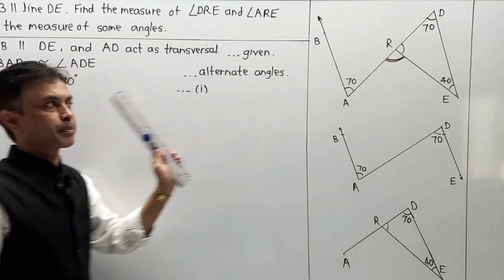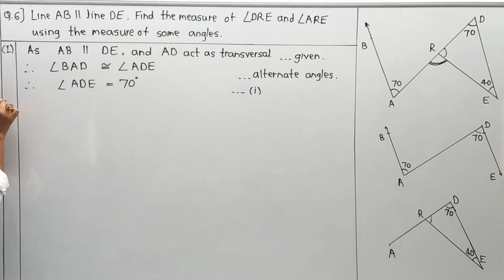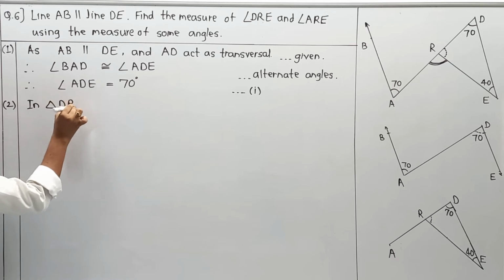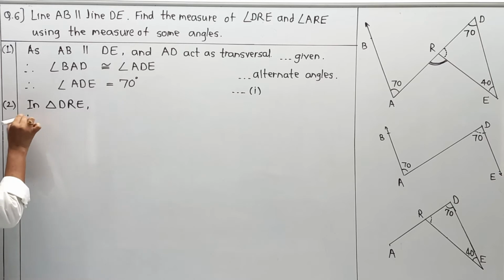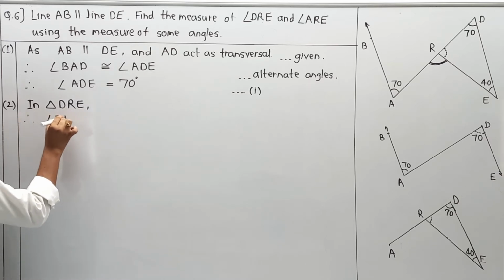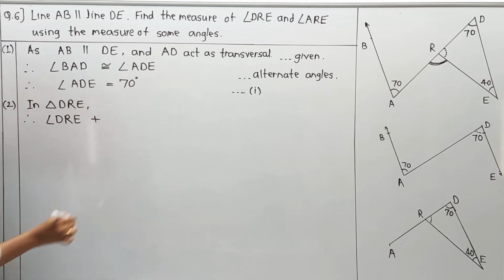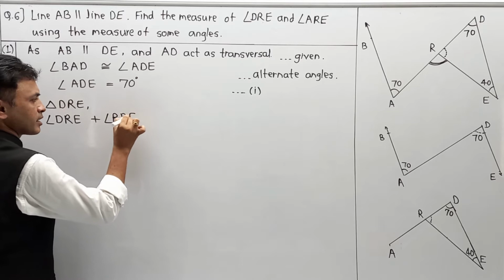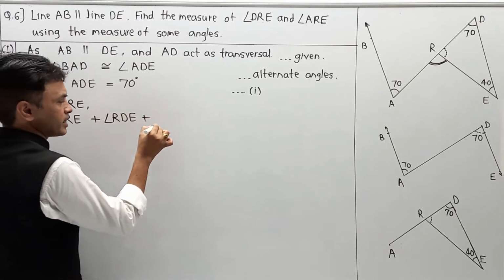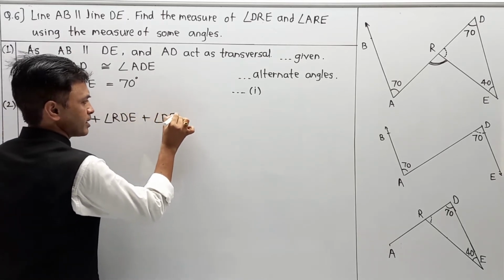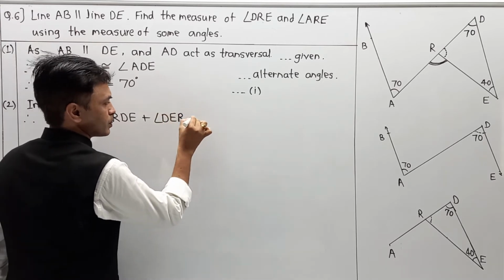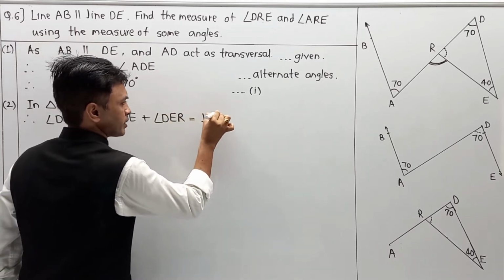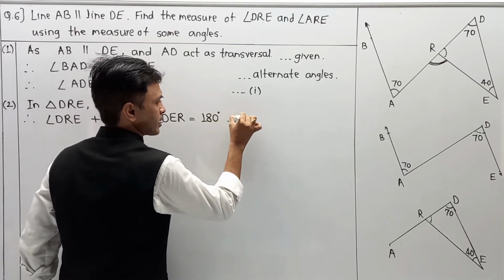The second part: in triangle DRE, angle DRE plus angle RDE plus angle DER is equal to 180 degrees. Reason: sum of the angles of a triangle.